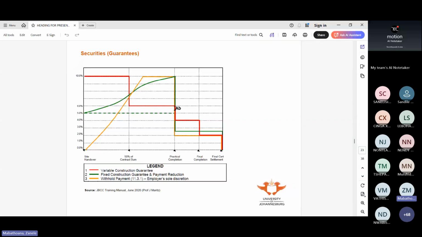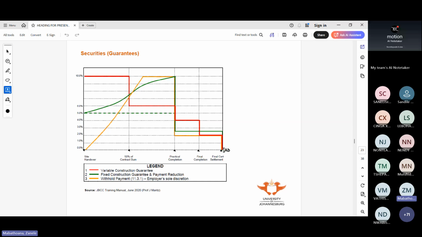So when we certify practical completion, then it goes down to 4%. Then all the way until final completion. And then at final completion, it goes down to 2%. And then when we issue the final payment certificate, which is when we certify a final account, sometimes for whatever reason it happens here, which is unlikely, I think you have about 90 days to get the final account sorted.